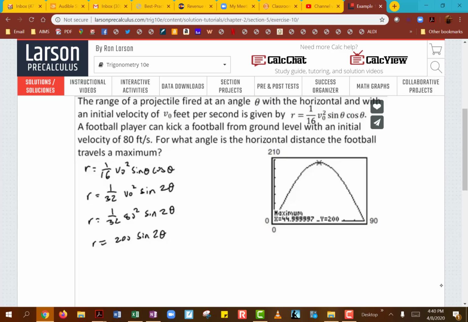And so that's going to happen when you get to an x value of approximately 45 degrees. So even in this case, we are saying that you are going to get to that maximum distance at an angle of 45 degrees. And that's actually what you also did in example 10. So it's at 45 degrees where the ball reaches a distance of 200 feet. So even when you do it in these generic terms, you are still looking at 45 degrees as your angle.